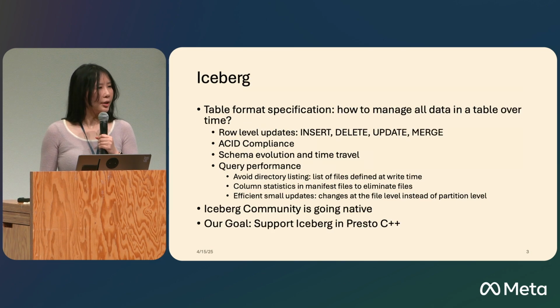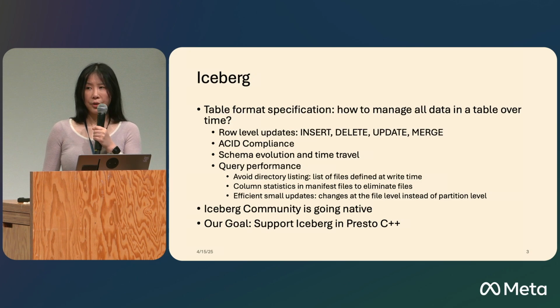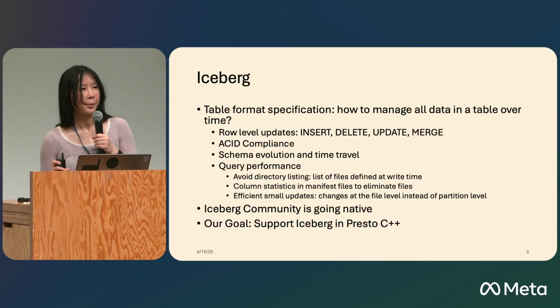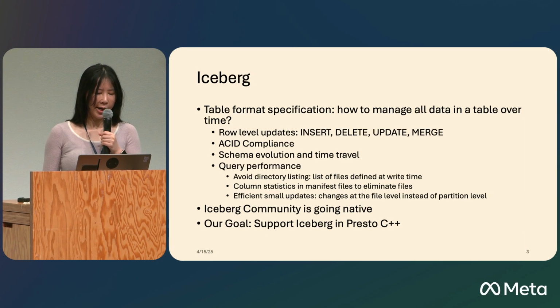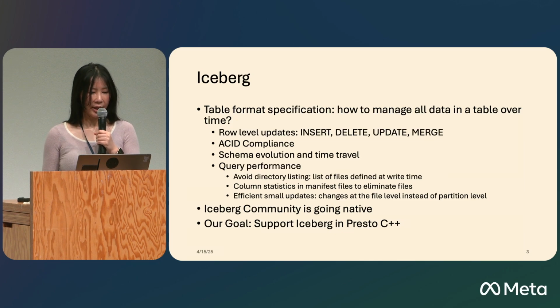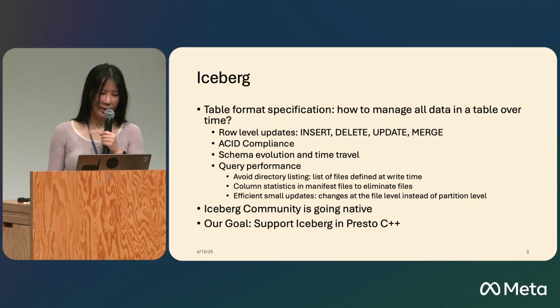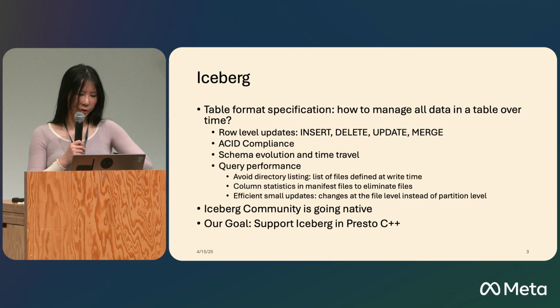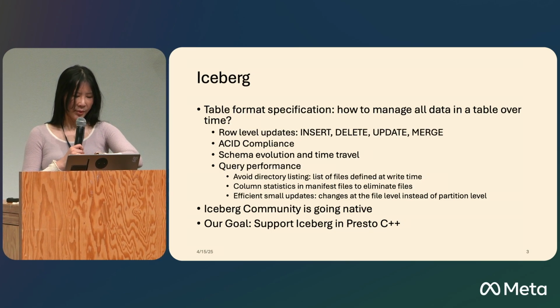All right. So I think most of you know this Iceberg table format, right? Basically, it is a table format for us to manage all the data over time. We can do insertions, deletions, with full ACID compliance. It also supports schema evolution and time travel, so we can go back to a certain timestamp in the past.